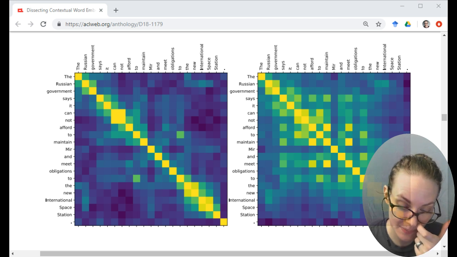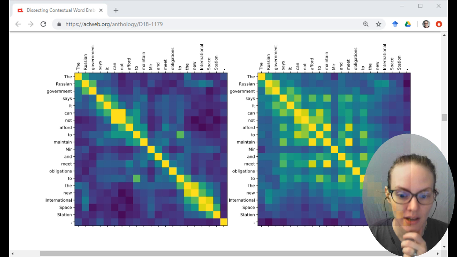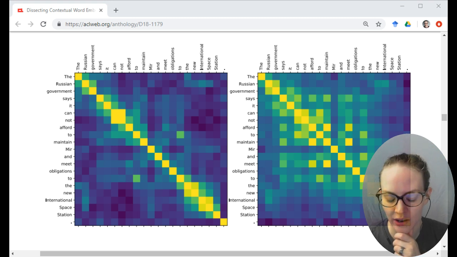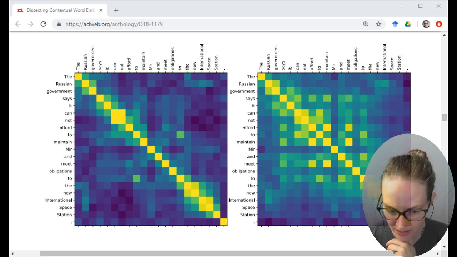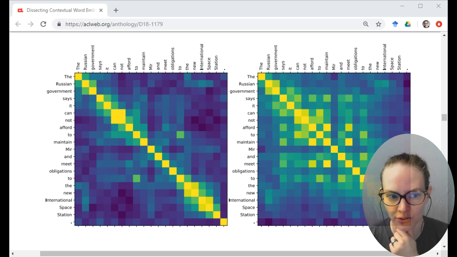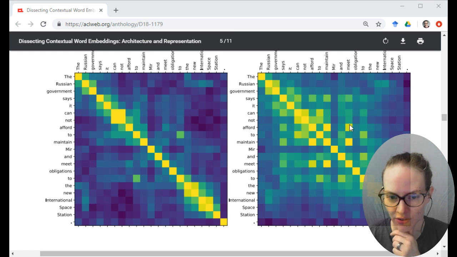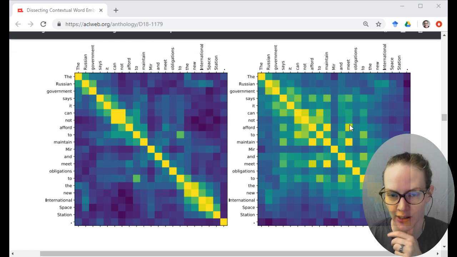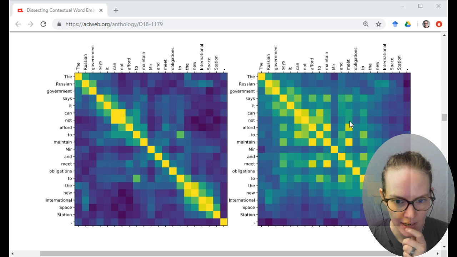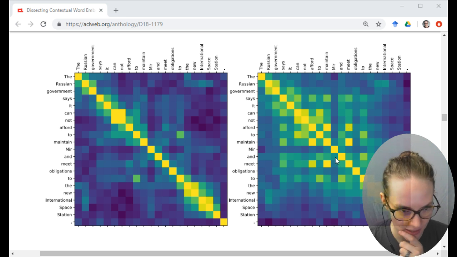Ryan says, is this based on the similarity of the word embeddings? It's the cosine distance of the context embeddings as drawn from the first and the fourth layer of the bidirectional LSTM. So these are from the context embeddings.